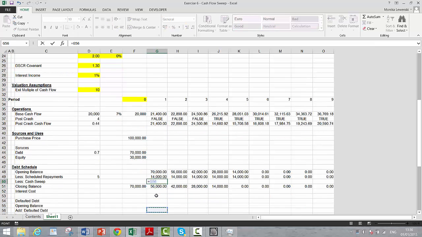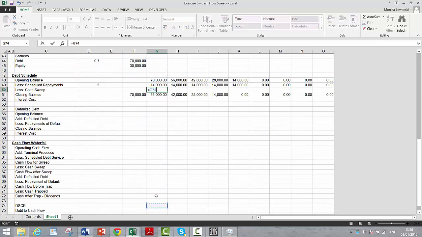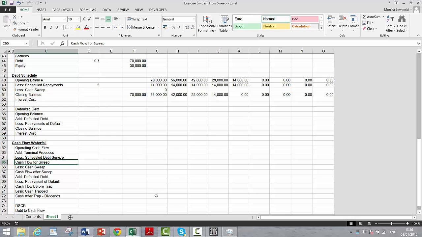But this cash sweep, we do not know until we go down to the cash flow statement. And I think we should put, alright, I'm gonna just do this the really old-fashioned way.